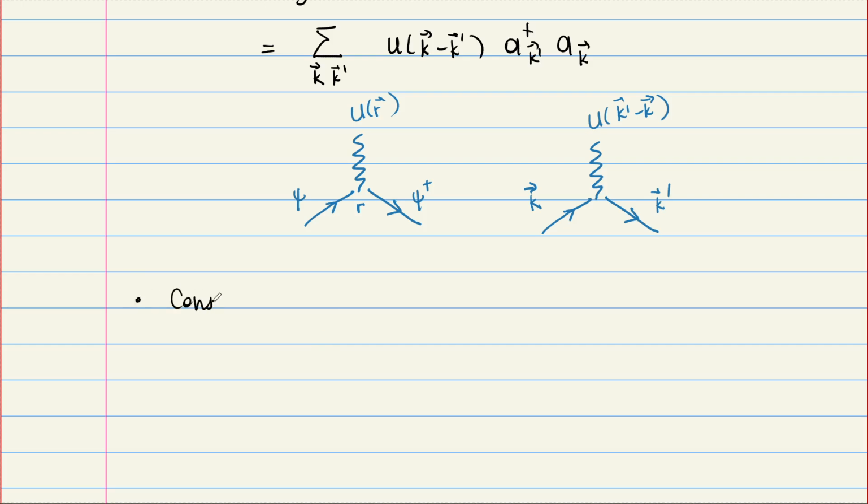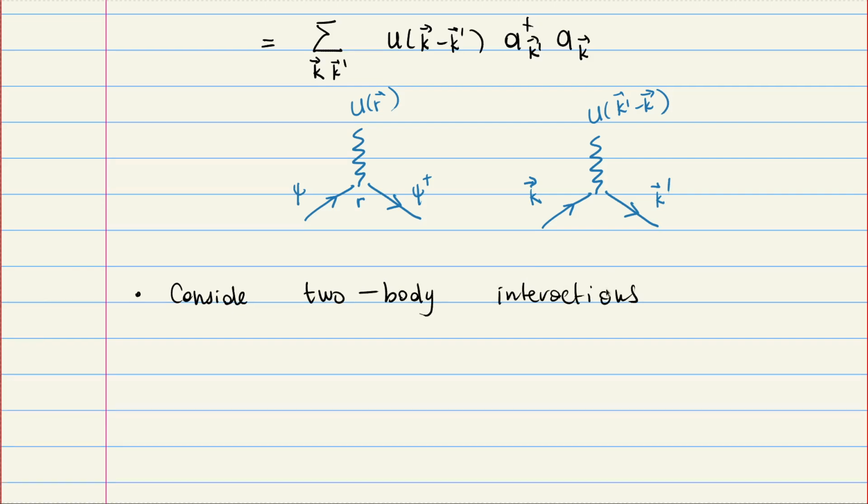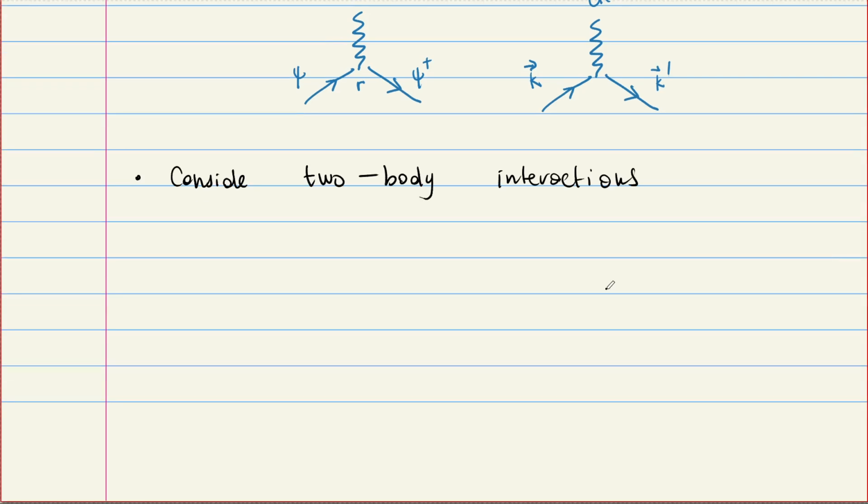Let's consider so-called two-body interactions. And for that, I want to use this abstract alpha basis, and then I will generalize. So in the alpha basis, suppose I have n_alpha particles in alpha state and n_beta particles in beta state, and their interaction is given by some matrix element V_alpha beta between alpha and beta.